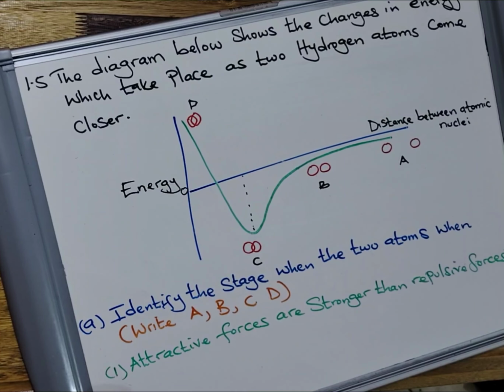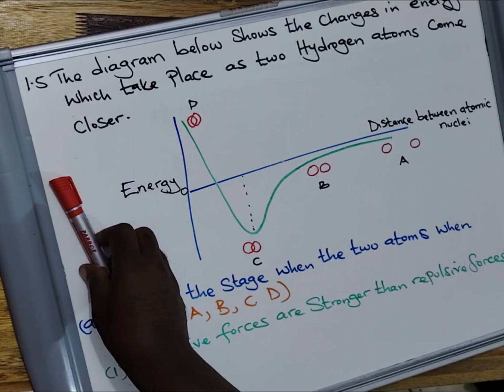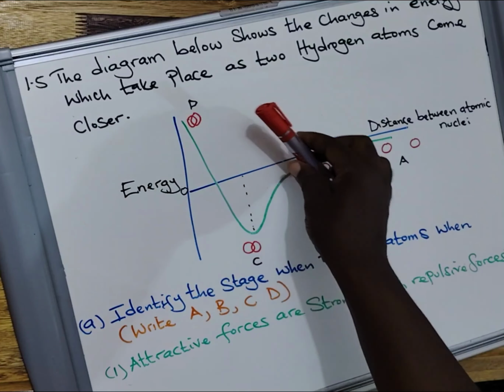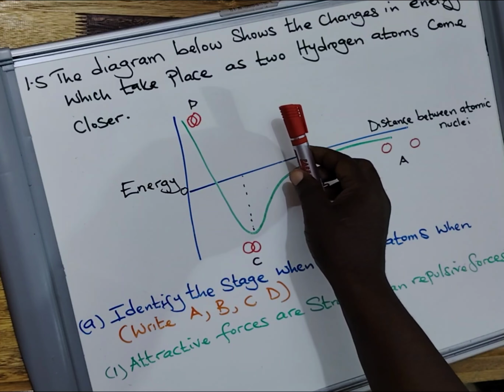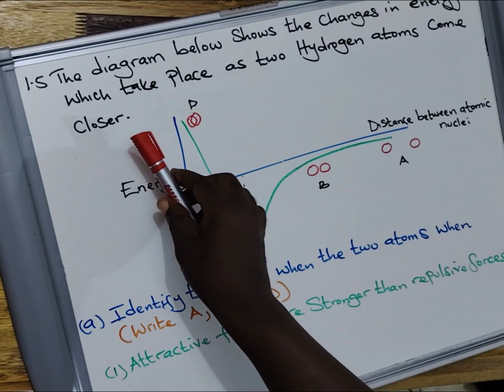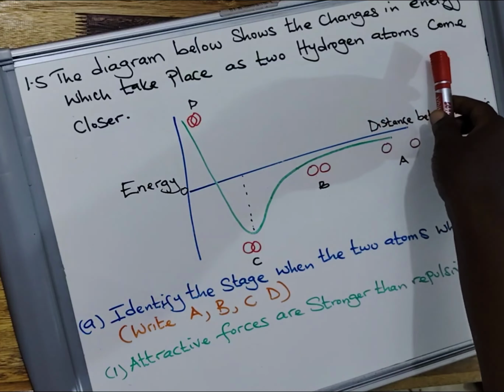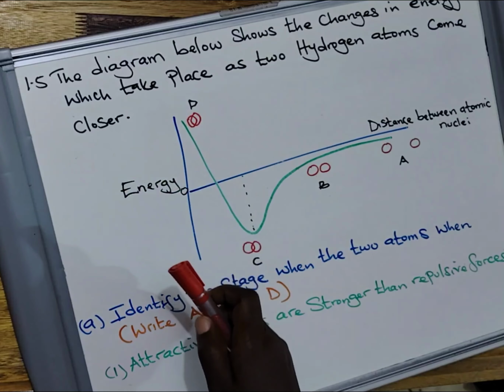Yeah, then comes this question. Okay, the statement says the diagram below, this is the diagram, shows the changes in energy which take place as two hydrogen atoms come closer.